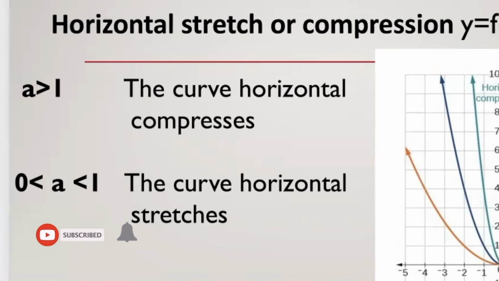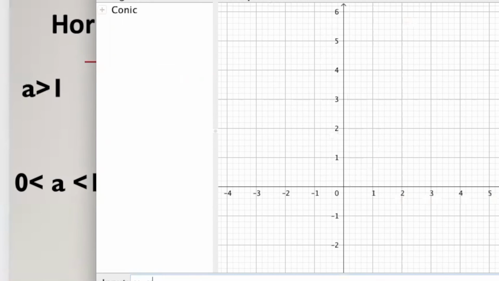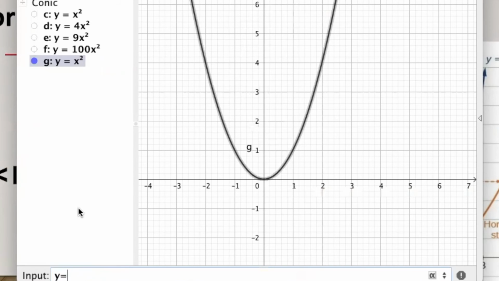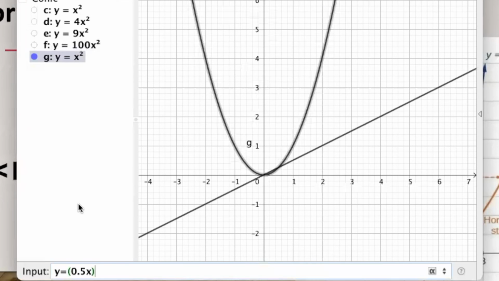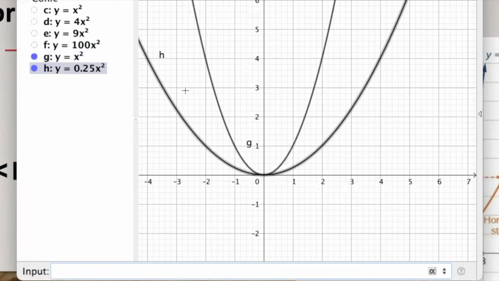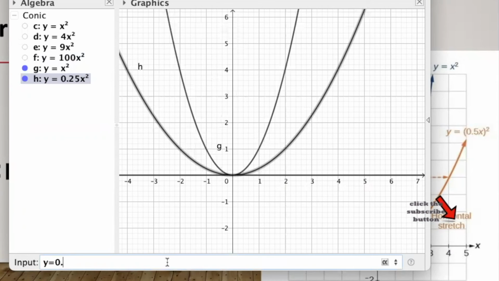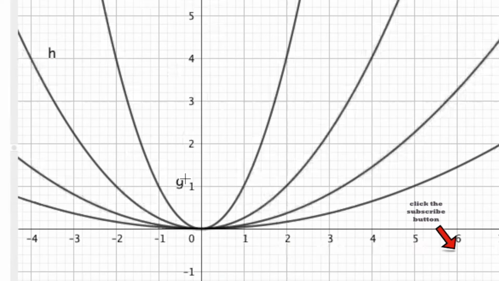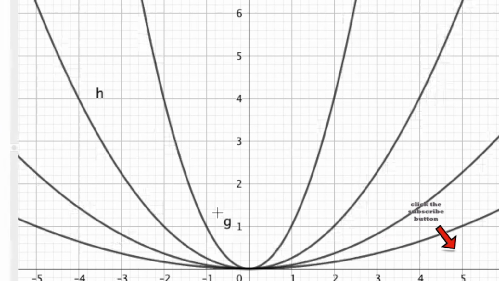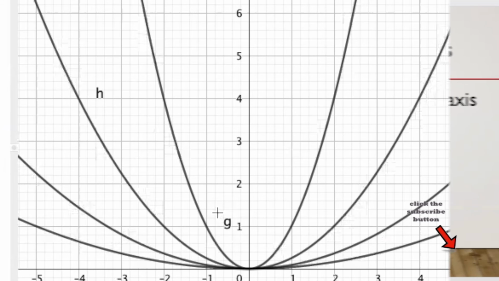For example, if I graph y equal x squared, and then I enter y equal (0.5x) all squared, as you can see, it's getting further away from the y-axis, and we say it's a horizontal stretch. Let's get y equals (0.3x) all squared. It's getting flatter and flatter. So this is showing me what's happening when I have a horizontal stretch.